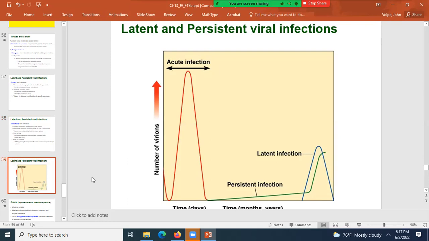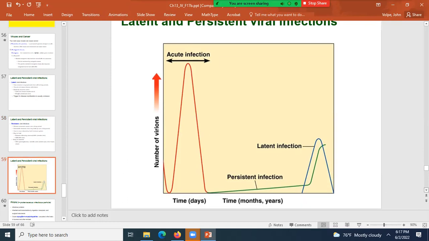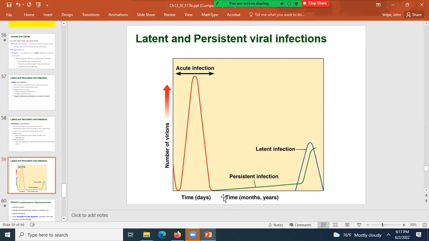When we look at a graph of the persistent viral infection, I need to shrink that a little. There we go. And this will be the number of virions as well as the severity of disease. With a normal viral infection, which we call an acute infection, the patient becomes infected.